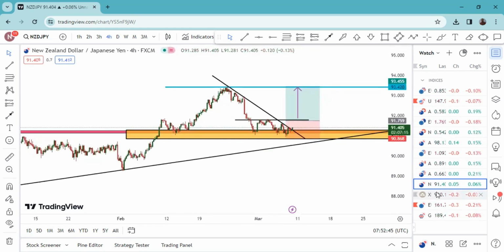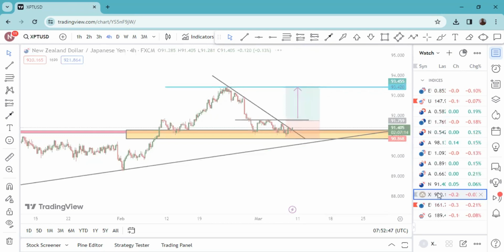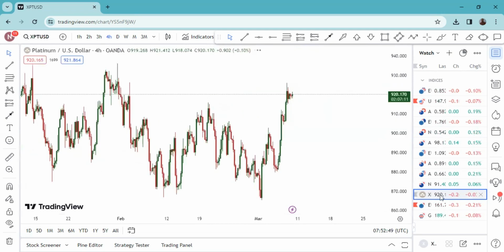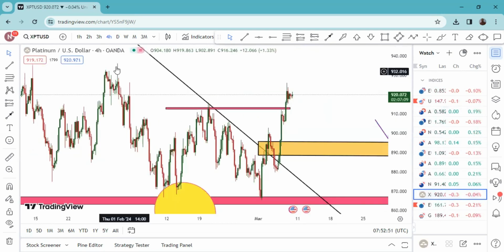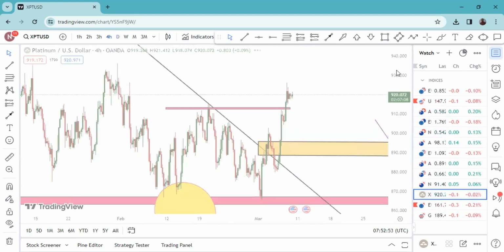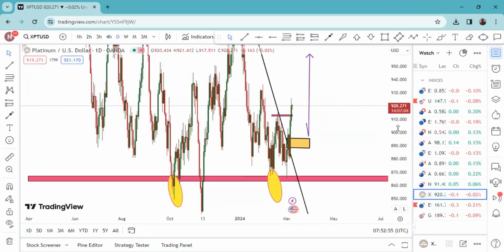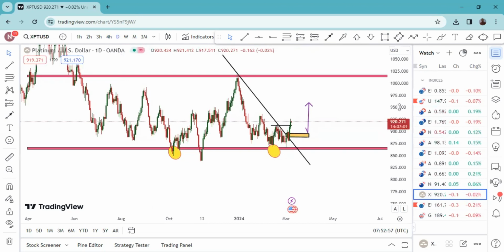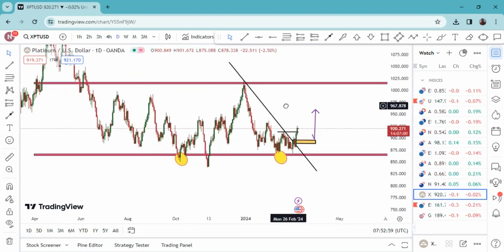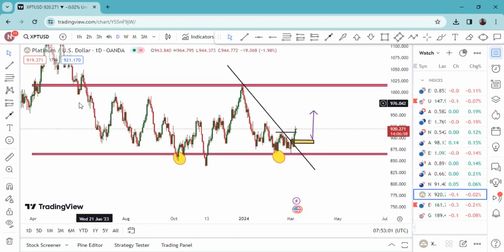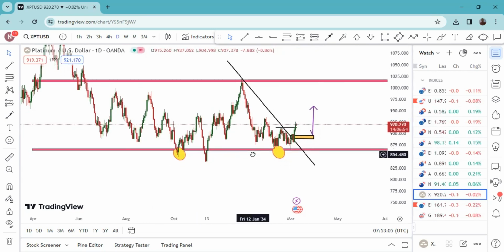The last pair that I also want to recap is platinum. On platinum, I see there is a kind of important level. This is a base support.